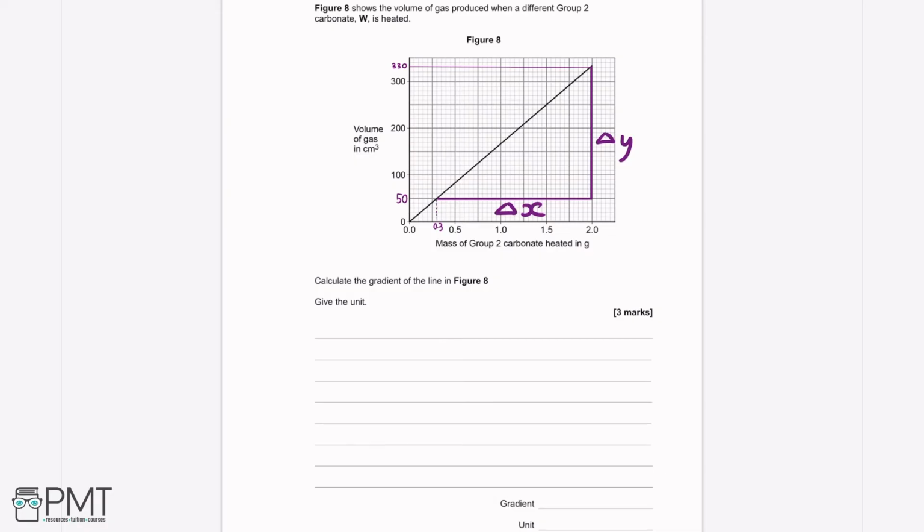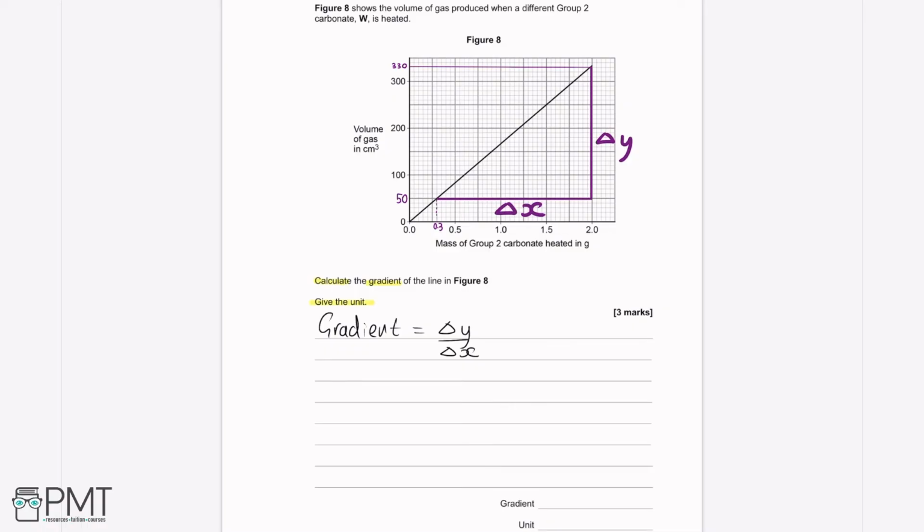We want to calculate the gradient of the line in figure 8 and then give the unit. So, firstly, to work out the gradient, we need to do rise over run, which is the change in y divided by the change in x.